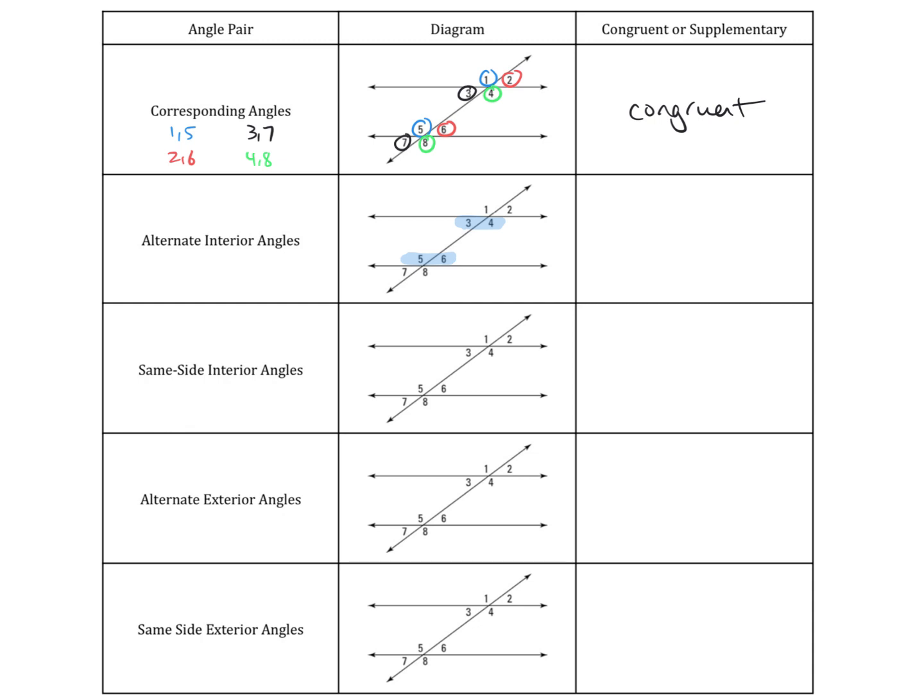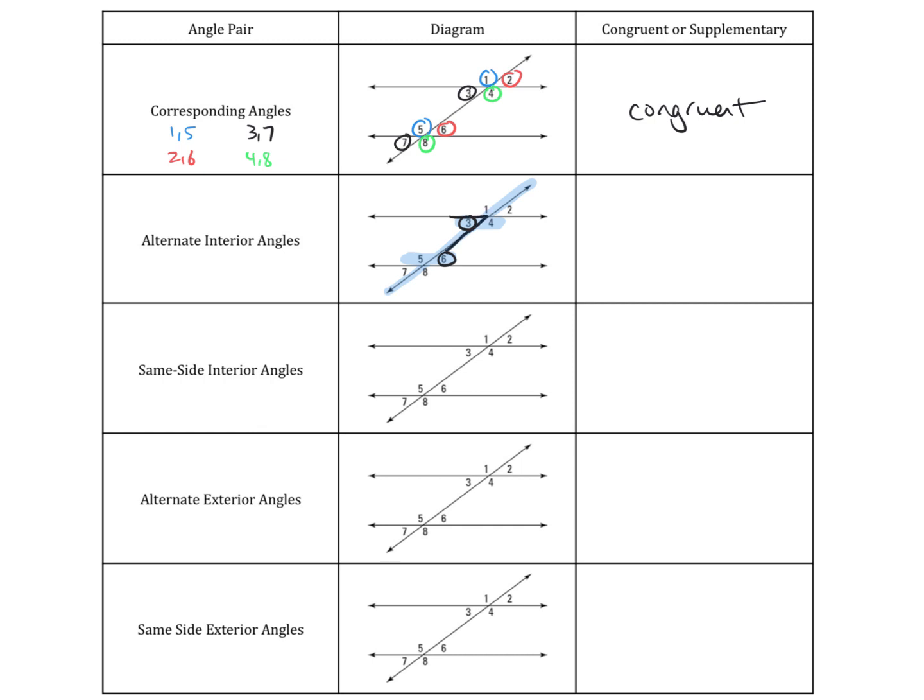Now, alternate interior angles need to be on opposite sides of the transversal. Here's our transversal. So a pair of alternate interior angles would be angles 3 and 6 because they are on opposite sides of that transversal and they're interior angles.